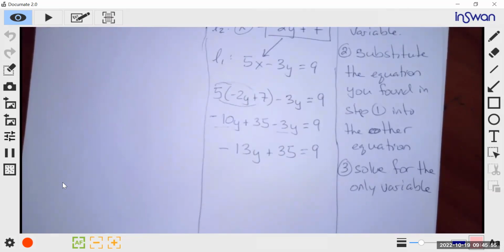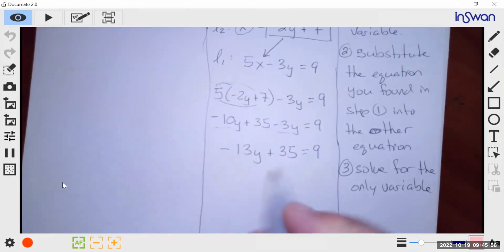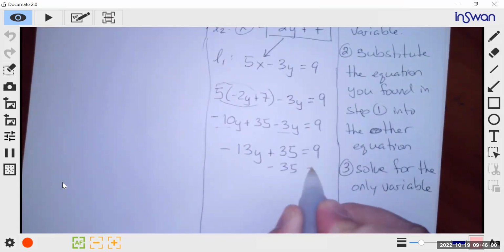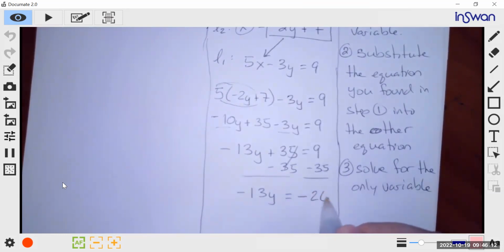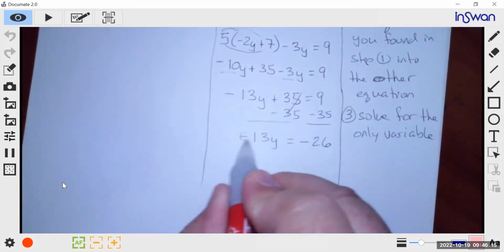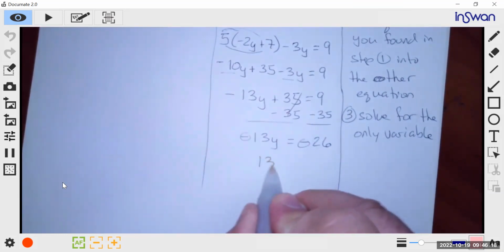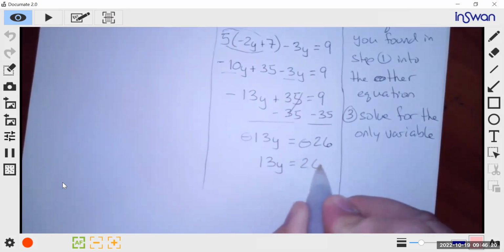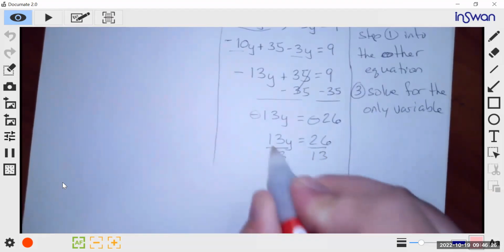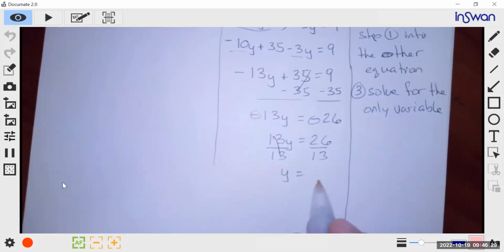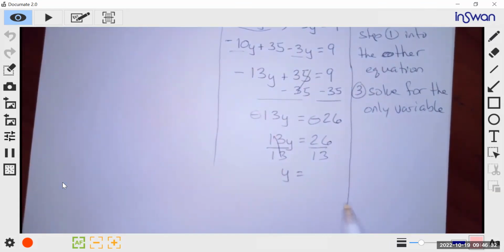Okay. Let's solve it for y, so I have to get rid of the 35. 35 minus 9 is 26. Change the signs and divide by 13. Again, all of this stuff should be nothing new to you. We've been doing this for 9 weeks so far. 26 divided by 13 is 2.